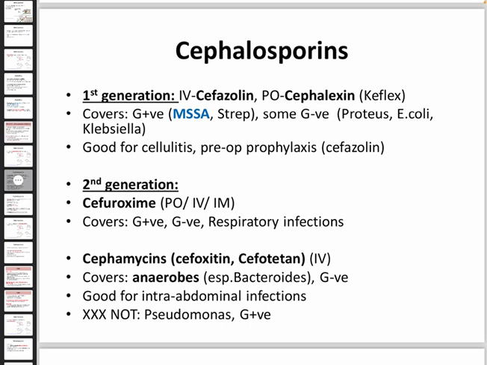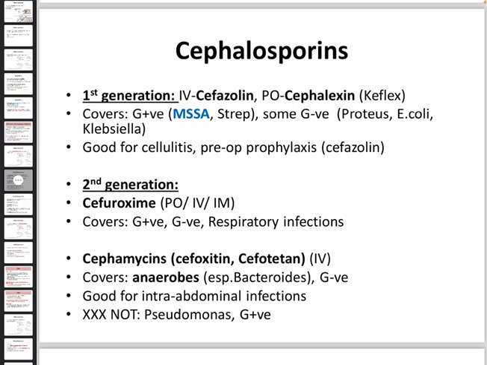IV cefazolin, they do cover gram-positive bacteria like MSSA and strep. They do have some gram-negative coverage for Proteus, Klebsiella, and E. coli, making them again a good option for treating UTI. They're also good to treat soft tissue cellulitis and as pre-op prophylaxis, in specific IV cefazolin given in a hospital setting.